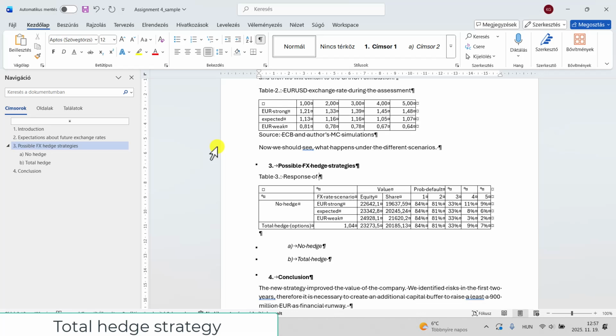Response of value and distress on FX rate shocks. Source: simulations.